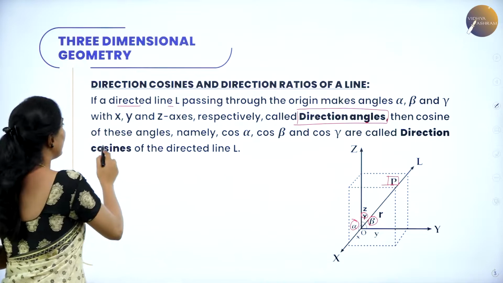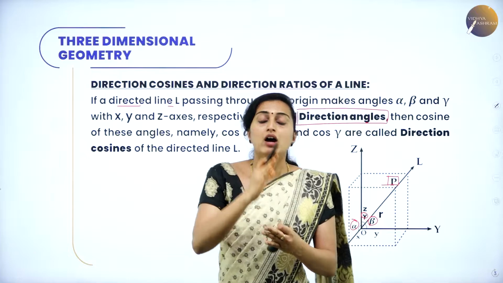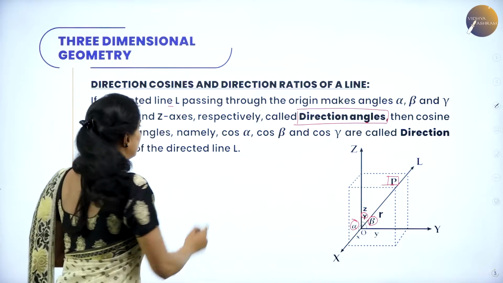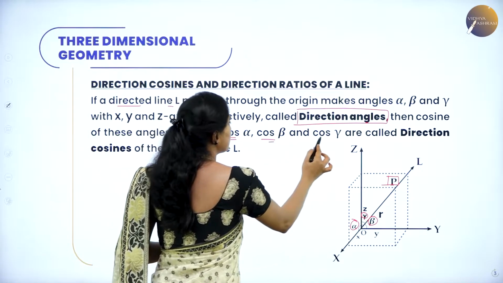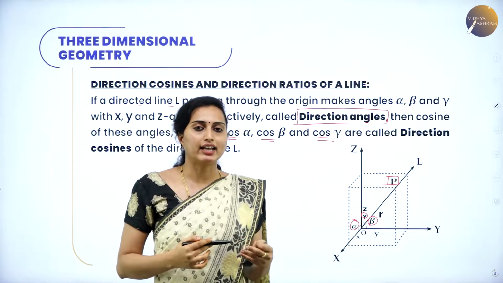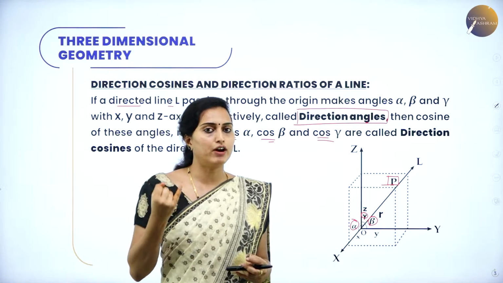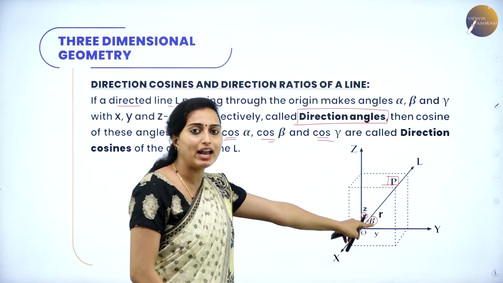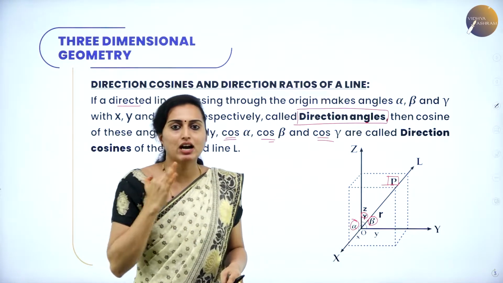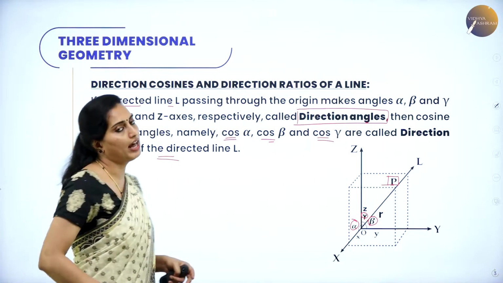Then the cosines of these angles are cos alpha, cos beta and cos gamma. What are they known as? They are known as direction cosines. So remember this: direction angles are alpha, beta and gamma along the x, y and z axes, and the cosines of those angles, cos alpha, cos beta, cos gamma, are called the direction cosines of that directed line L.